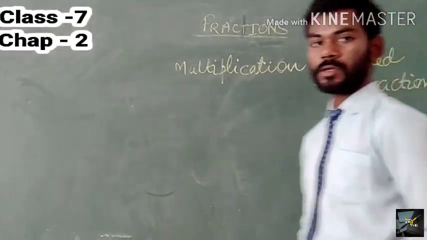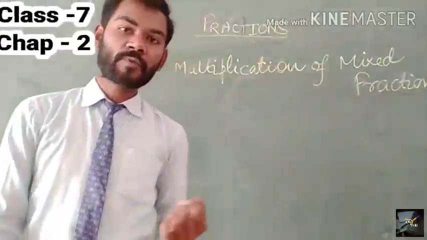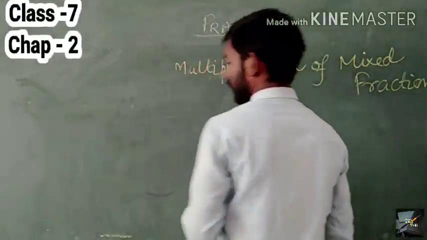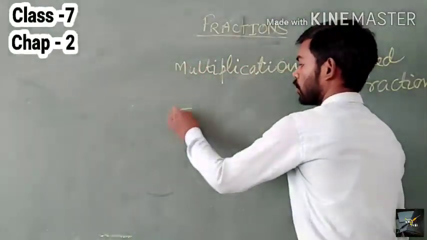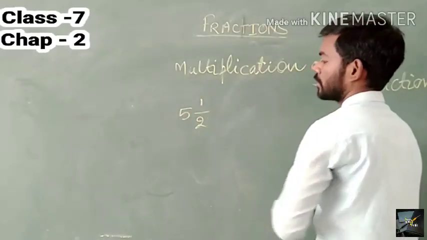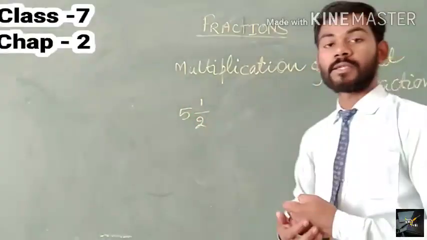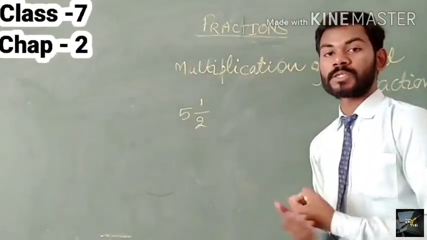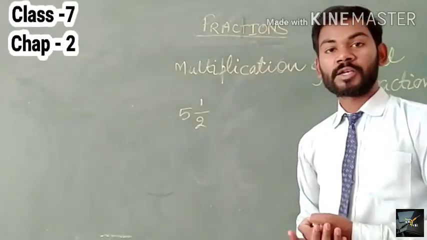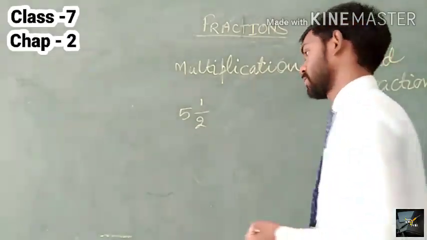So first of all, let us revise how we write mixed fraction. The mixed fraction is the combination of a whole number with a fractional part. Such type of fraction is known as mixed fraction. And here we shall learn how to multiply a mixed fraction.